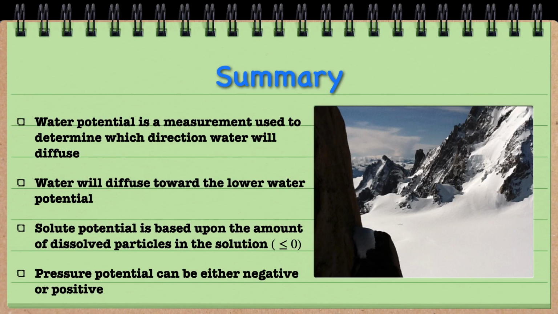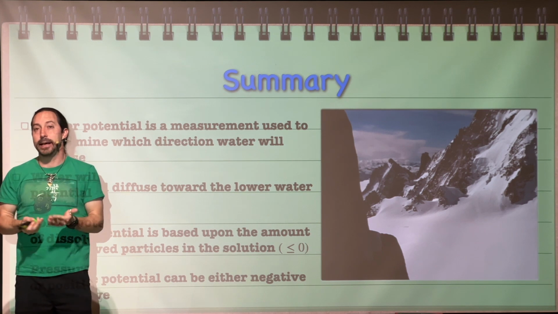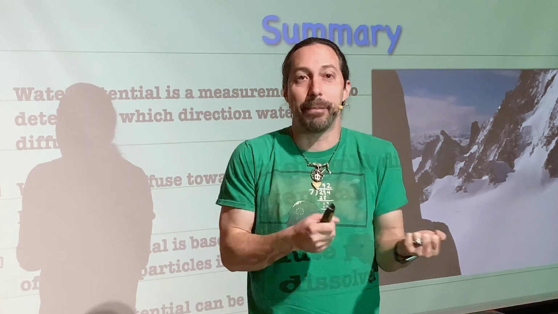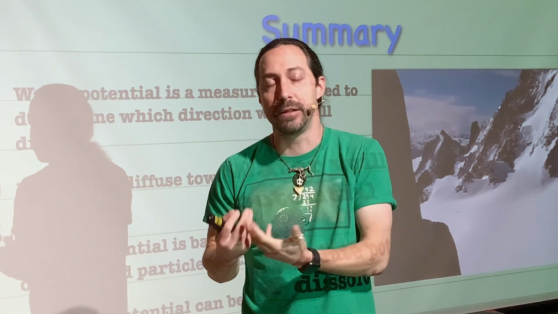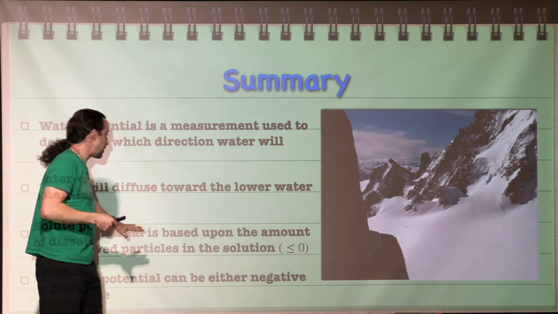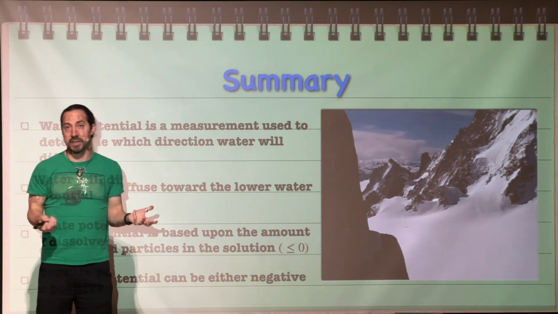And it's this combination of two different parts, the solute potential and the pressure potential. The solute potential is always going to be equal to or less than 0. It can never be a positive value. It will always be 0 or negative. And the pressure potential could either be negative or positive depending on the circumstances.